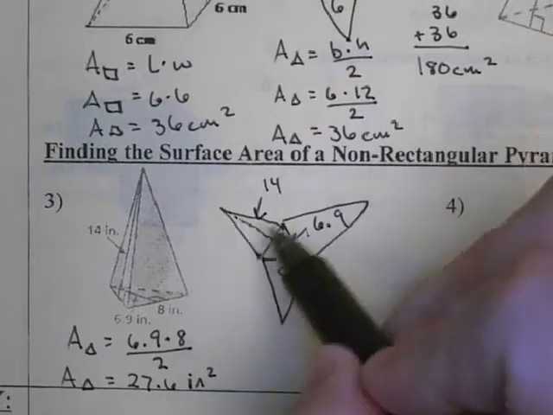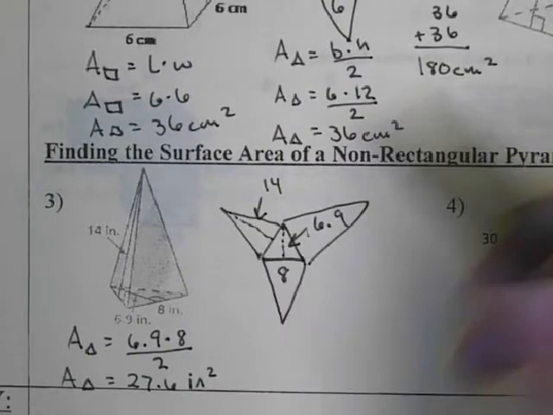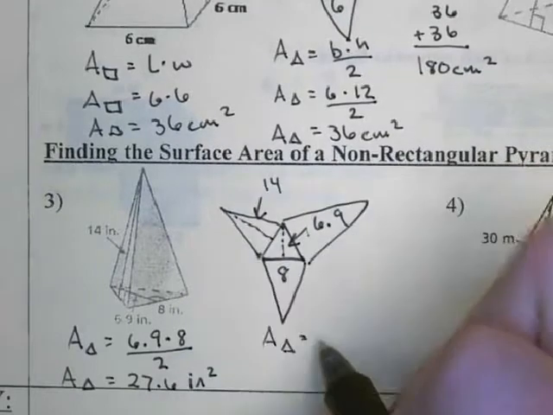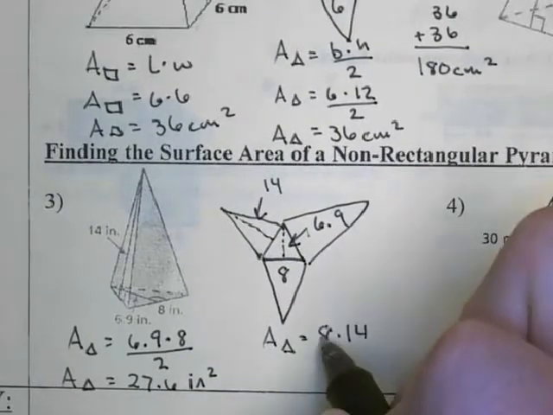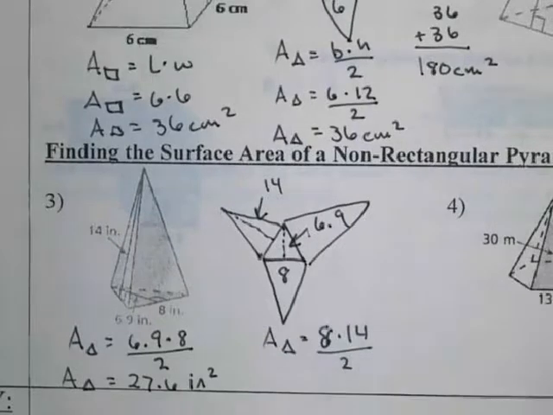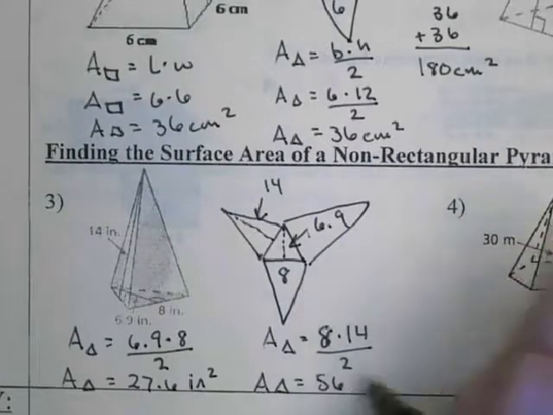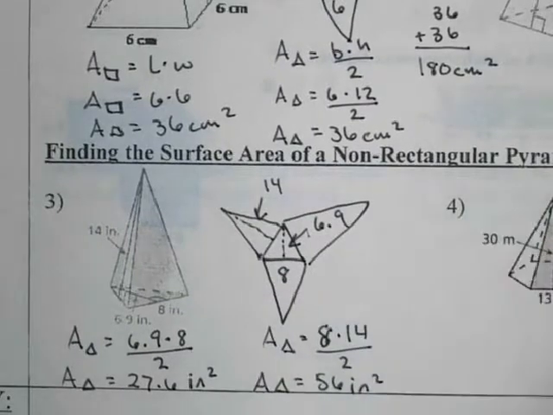Then I just need to find the area of one of my side triangles. The area of that triangle will be base 8 times the height of the triangle, which is 14. Then we divide that by 2. And the area of this triangle is 56 inches squared.